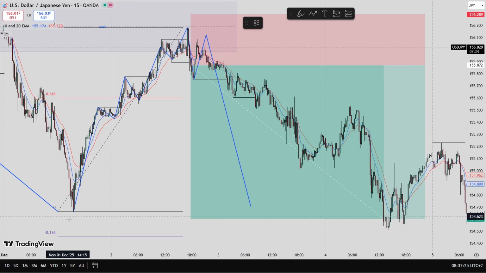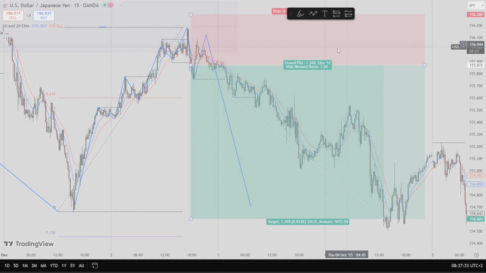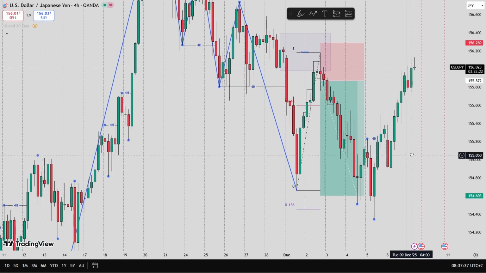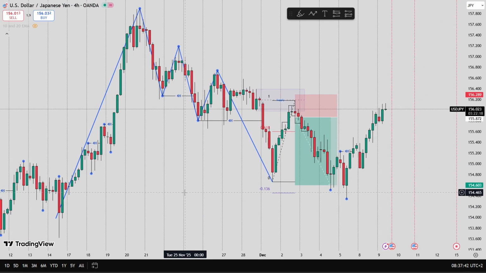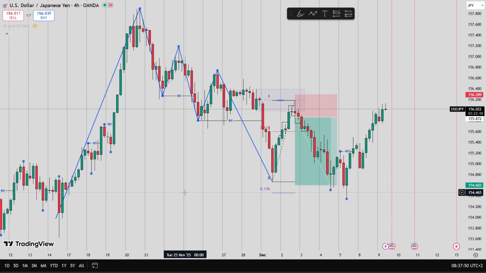I was just looking for this weak low here. On the 4-hour time frame, that was what I was looking for on UJ. I'll press the screenshot of the trade that I took on my MT5. So that's all on our UJ.